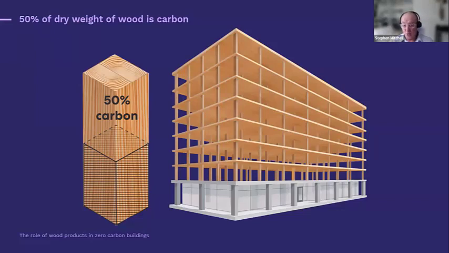So that is stored in the wood as long as the building is standing, and even, as Fabiano was saying, even when the wood goes to landfill at the end of life. But it's all CO2 that was sequestered through photosynthesis in the tree growing stage, and that's embedded in the wood for the life of the project.